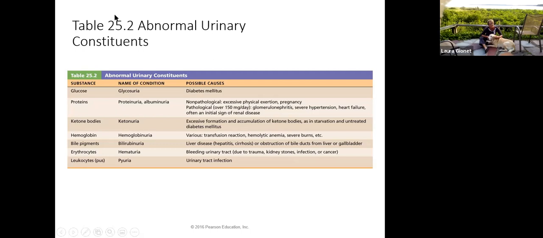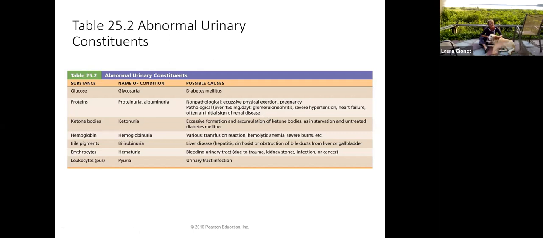All right, so this is a chart that gives you the name of the condition and possible causes. For glucose in urine, it could be diabetes mellitus. It could be unusual pregnancy. Proteins, called proteinuria, maybe even albuminuria.